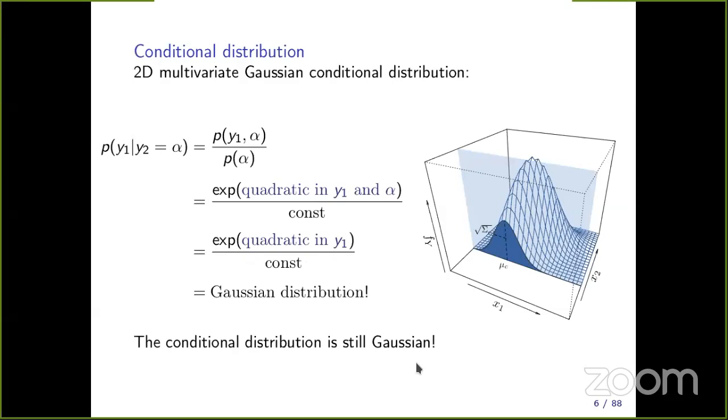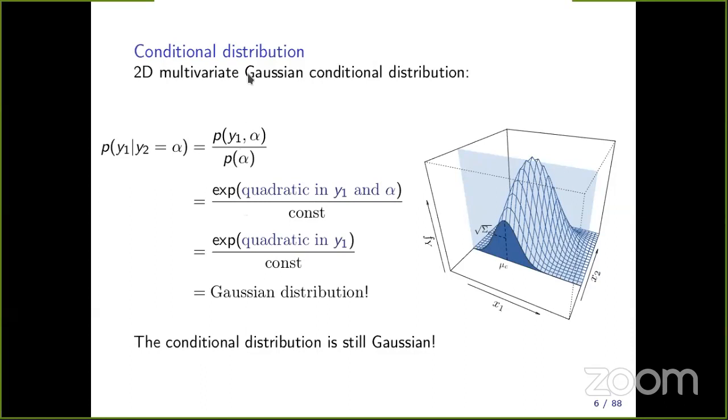So now let's look at the conditional distribution of a multivariate random variable. If we apply Bayes' rule, if we look at the distribution of y1 given that y2 is equal to a given value, this is just the joint distribution divided by the marginal distribution.